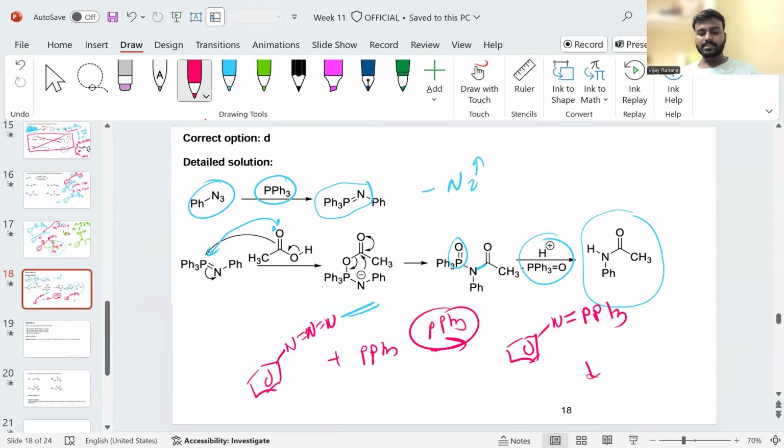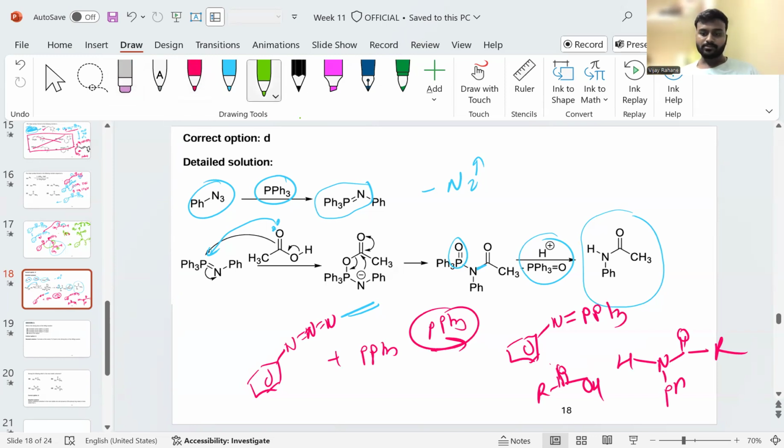And when you add the acetic acid or any acid, so whatever is C double bond O OH, whatever is present in the acid, that will remain in the product. So these come from the part of the acid that we used.